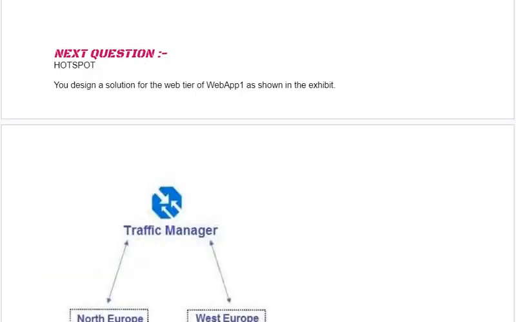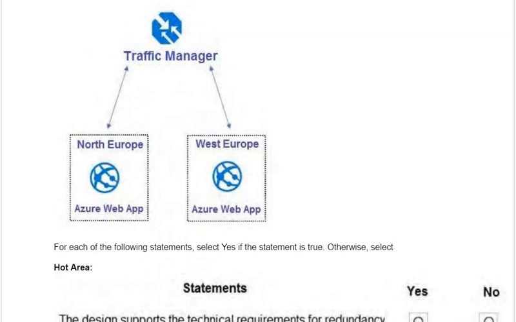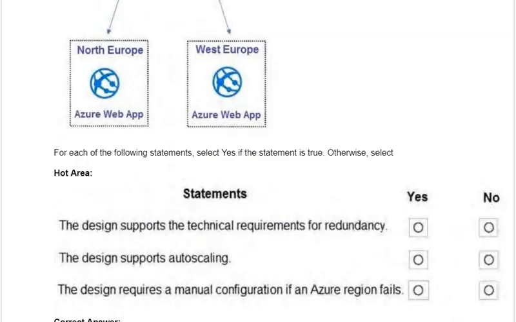Next question is, you design a solution for the web tier of Wave App 1 as shown in the exhibit. For each of the following statements, select yes if the statement is true, otherwise select no. First statement, the design supports the technical requirements for redundancy.